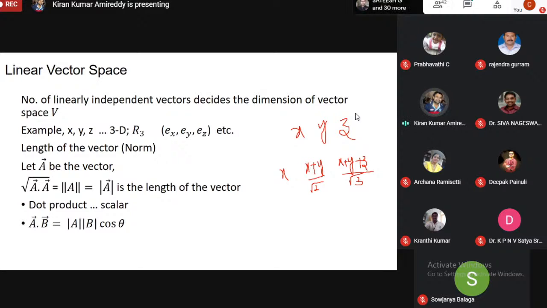I am having the denominator, making it a unit vector. I am just taking the magnitude so that it will become a unit vector.